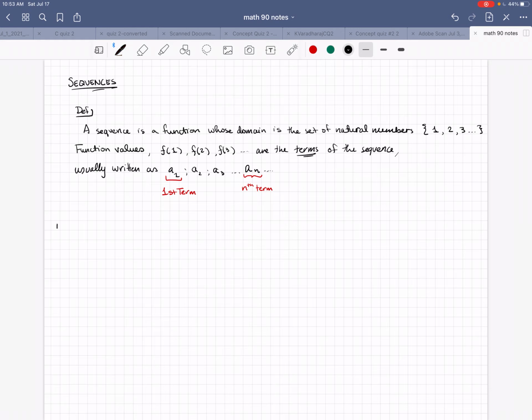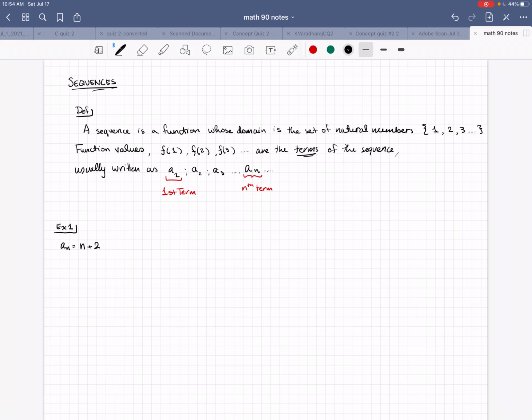So example 1. Let's say that we have a sequence where the nth term is simply defined as n plus 2. Okay? So the nth term is just the number n plus 2.